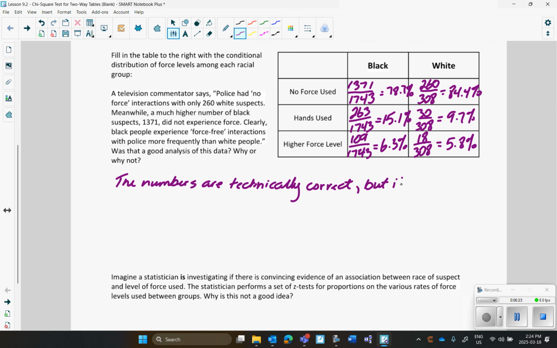But it's not a good analysis by just focusing on raw numbers.